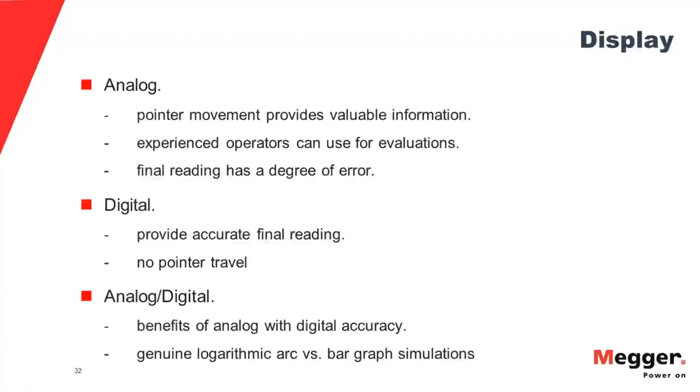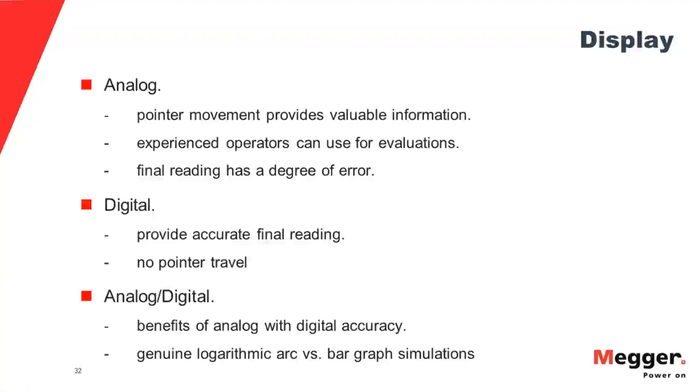And those experienced operators were looking for smooth pointer travel. And if they got that, hey, that was good. If the pointer is stuttering, falling back, something like that, there's a problem with the insulation, something's going on, it might be arcing, for instance.